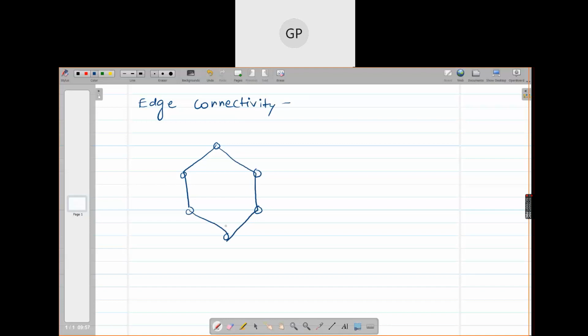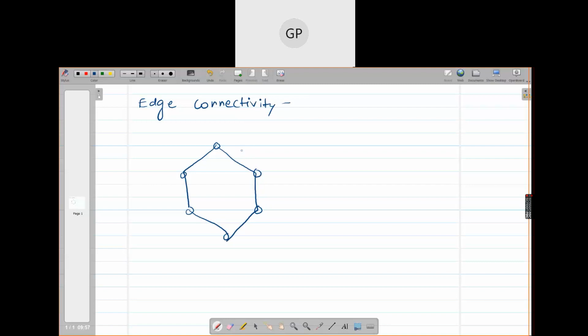No, ma'am. If you delete any particular edge, does the graph become disconnected?